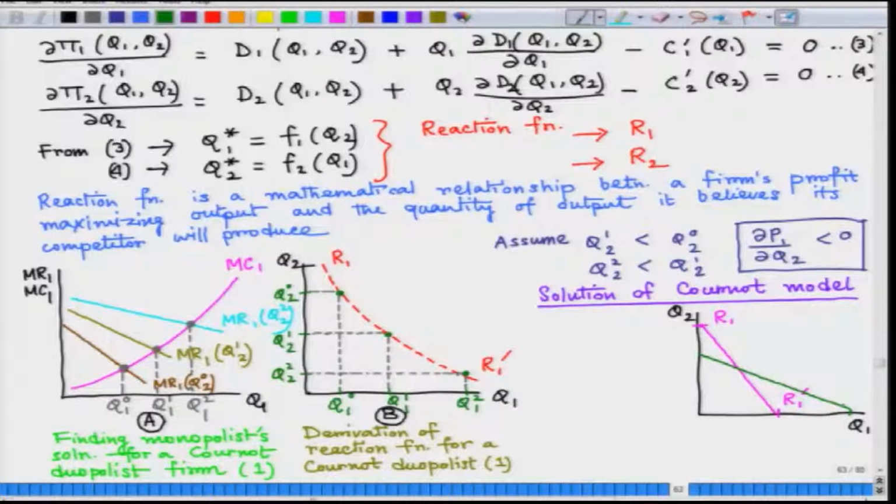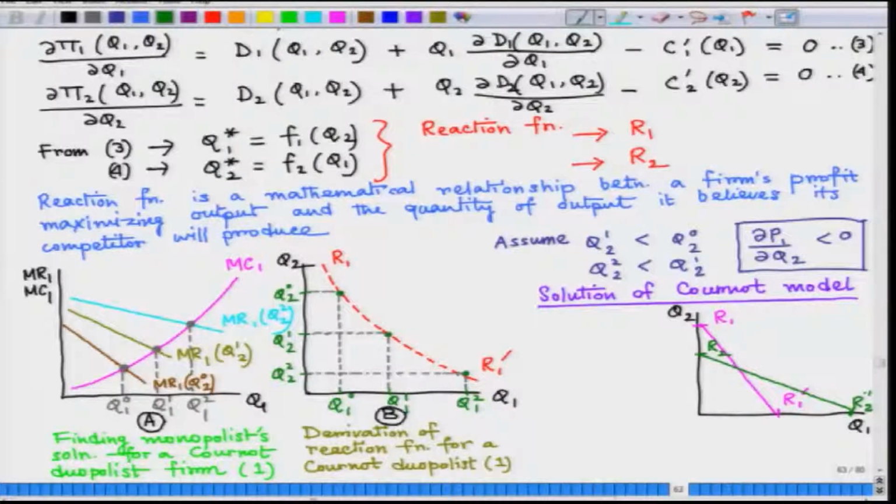Okay. So, let me mark these intercepts, and this is basically my R2, the reaction function of firm 2, right.